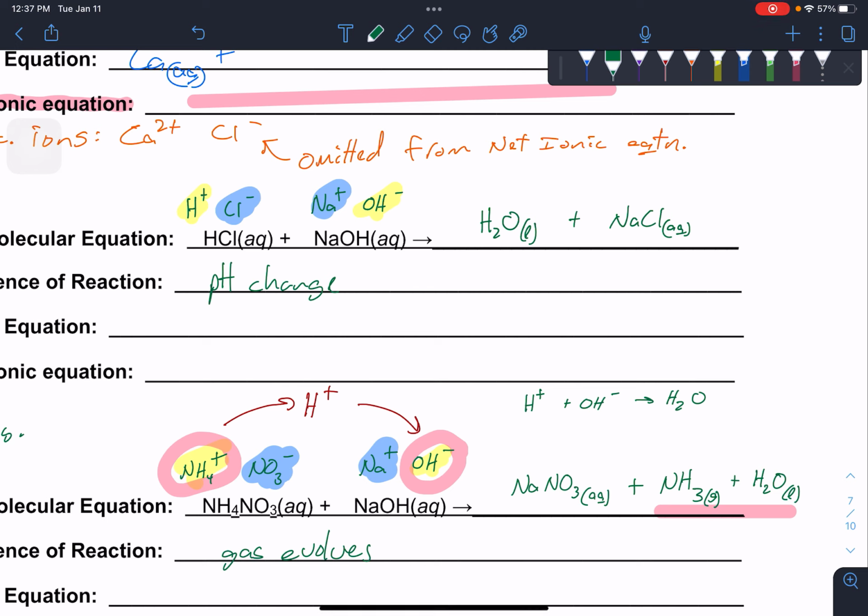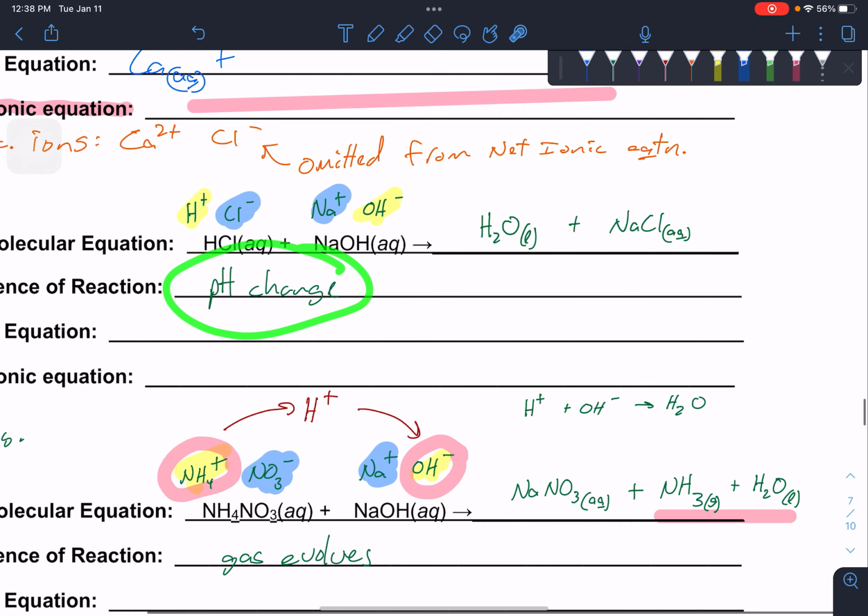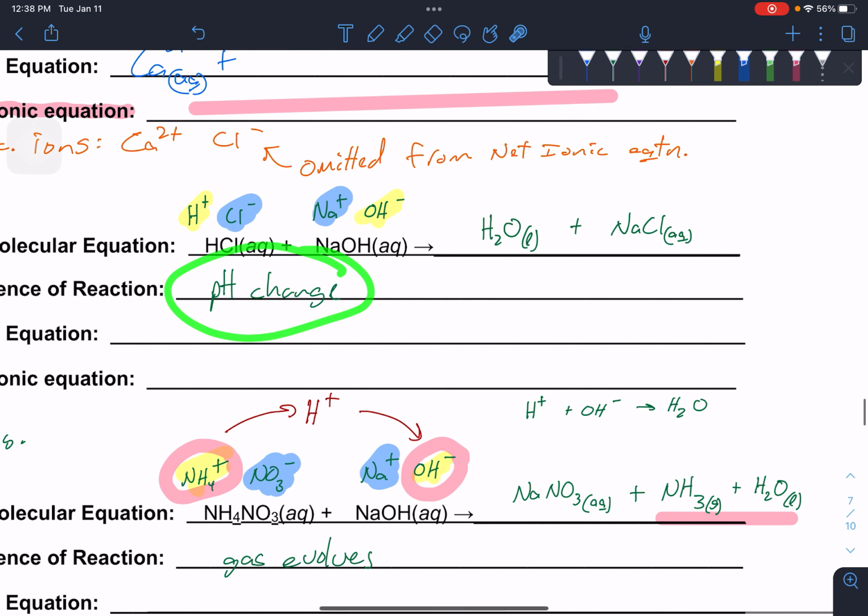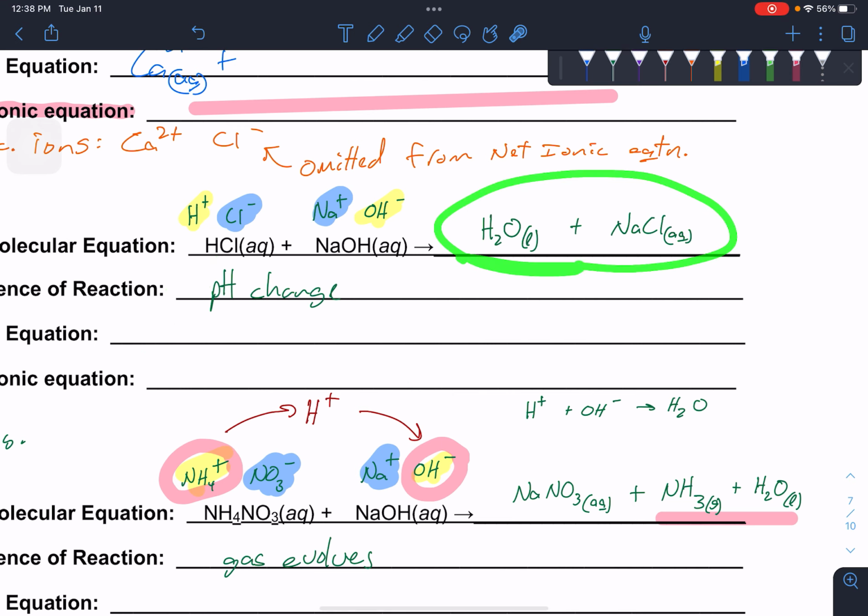So if you look at the products there, water and sodium chloride, there's no solid, there's no gas. To actually notice something happening in this reaction, you have to add something called an indicator to the solution that keeps track of the pH changes occurring in this process. There's a decent chance that you've heard this information: the pH of an acid is between 0 and 6, the pH of a base is between 8 and 14, and once you get a neutralized solution, that would be a pH of 7.